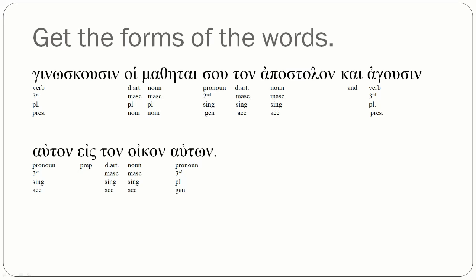Kai is a conjunction, which means and. Then the verb, agusin. Okay. Again, it's a third person plural verb. It is unchanged stem, therefore it's present tense. All right, next word, auton. This is a pronoun.